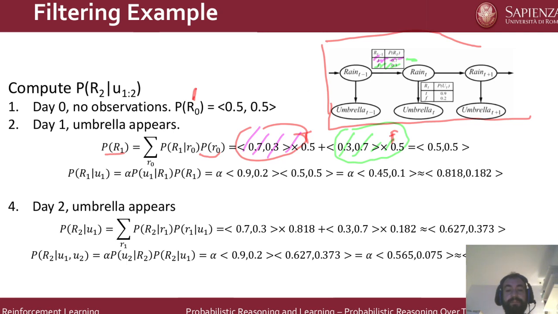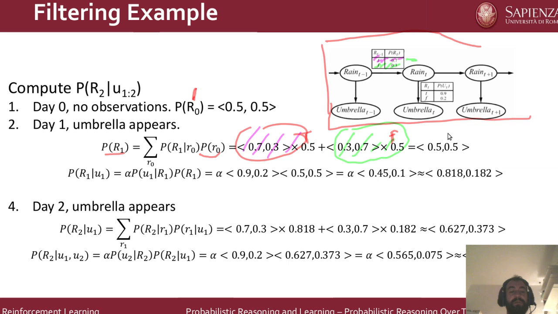And in this other case, we're multiplying the probability of rain being true when the previous state was false, which is 0.3, by 0.5, and the probability of this being false is 0.7. So we do all these computations and we get again 0.5 and 0.5.